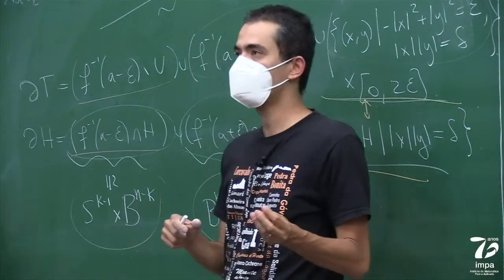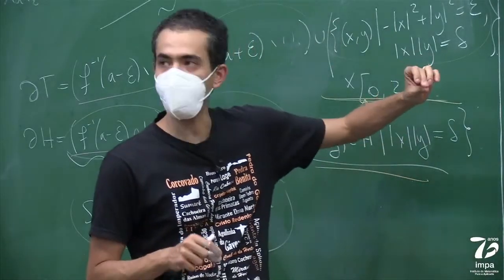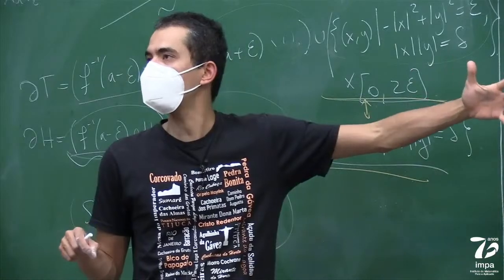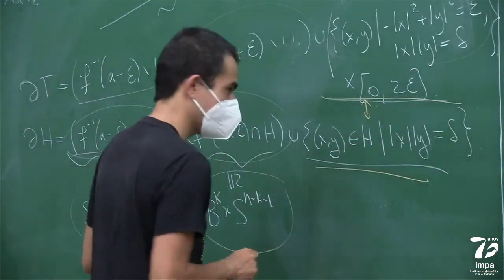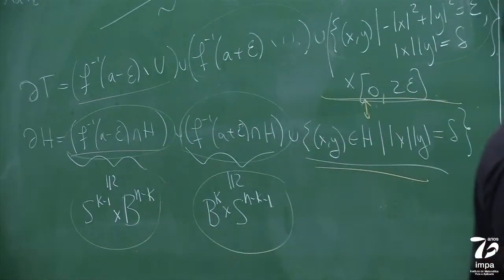And when I quotient this, again, it's a little analytic geometry exercise to see what's happening. But it's not very hard to see what really is happening. I want to leave this picture.